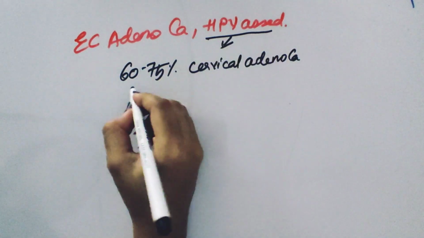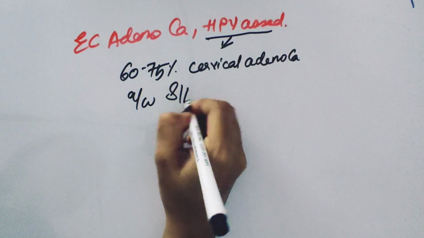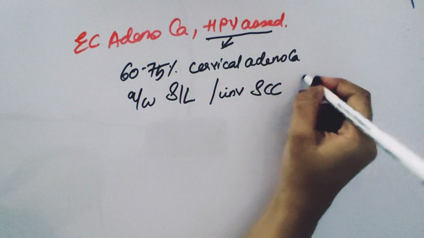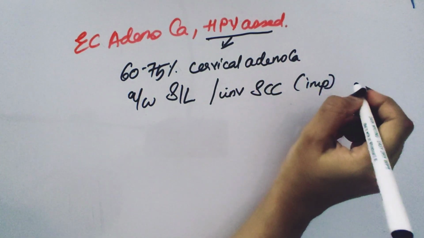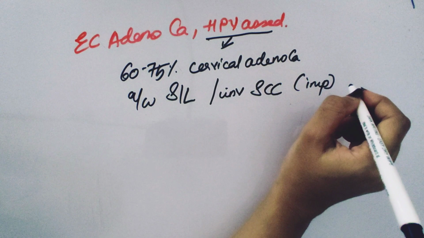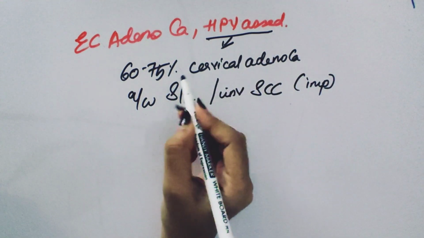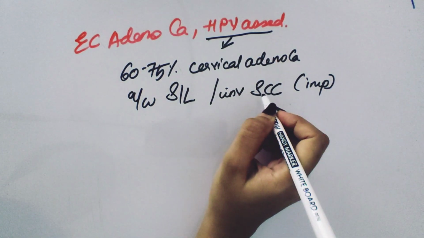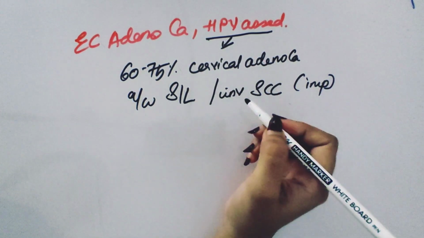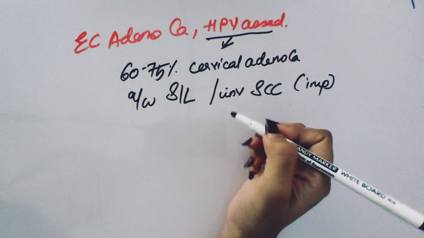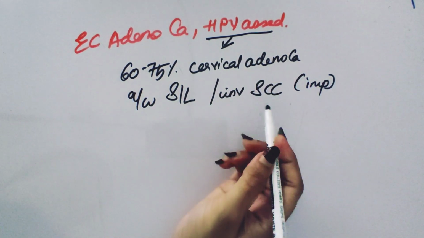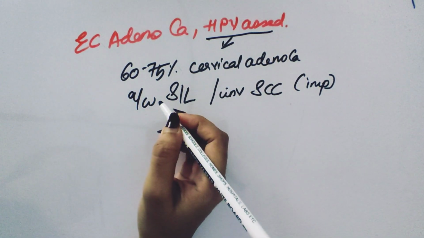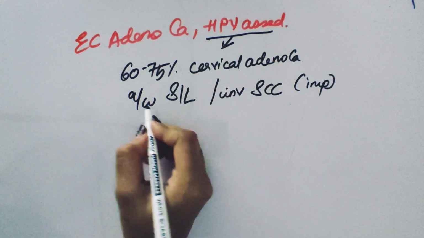And they are associated with squamous intraepithelial lesion or invasive squamous cell carcinoma. This point is important. In the recent advances edition, they have stressed this point in many places, because if you have a diagnosis of adenocarcinoma, you should look for lesions where there is SIL or SCC in the adjacent ectocervix as well. You should not miss the diagnosis of SCC also associated with that.